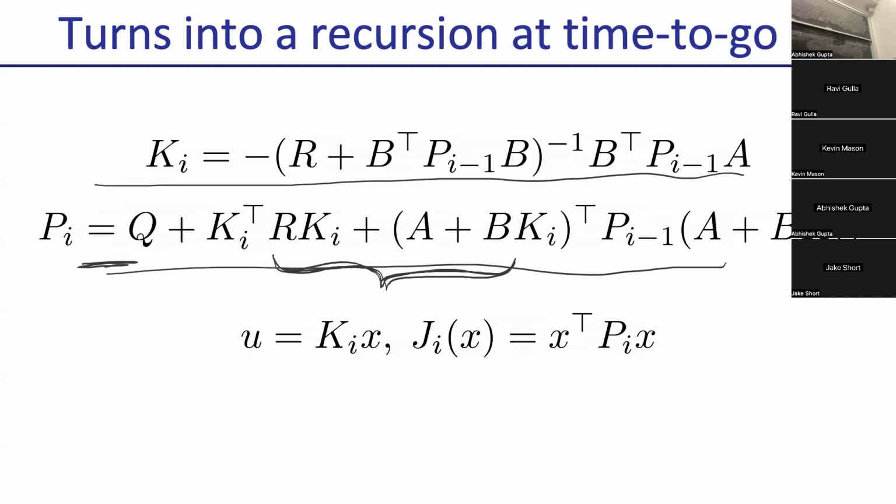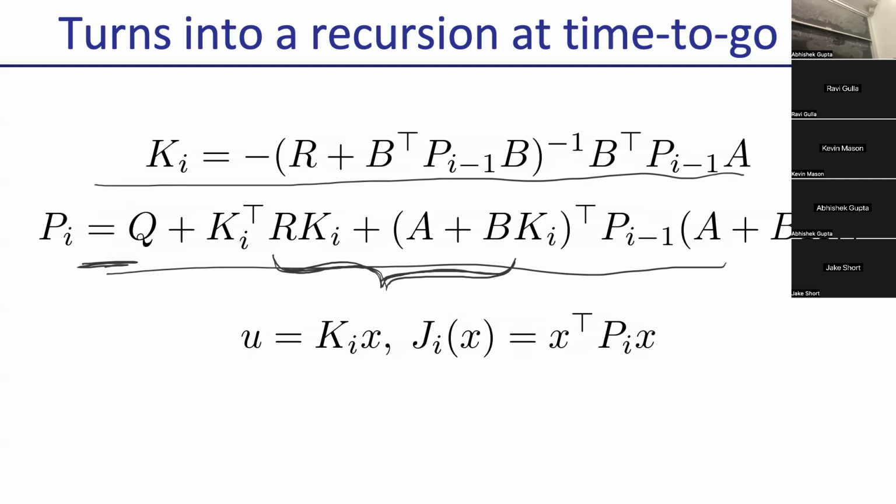Think of it this way: you start at the end, last time step action is 0, and the cost is X transpose QX. You set that to your P0, and now you just go backwards in time, continuously updating your Ki and Pi this way. You compute K1, what is K1 going to be in terms of P0?